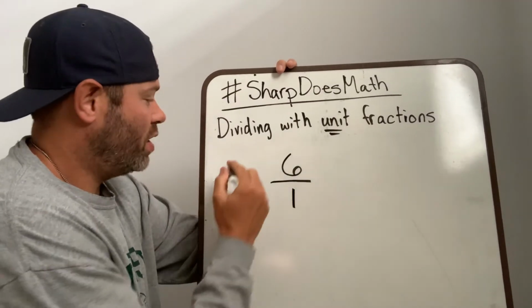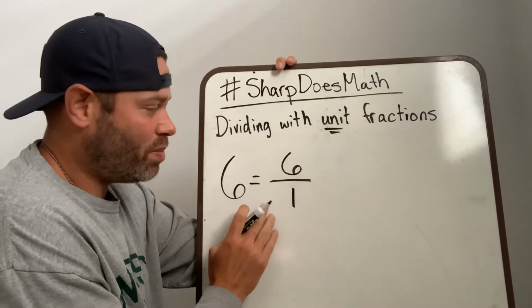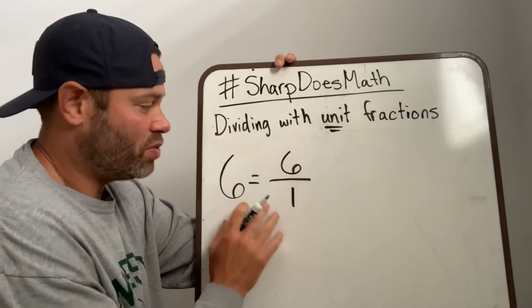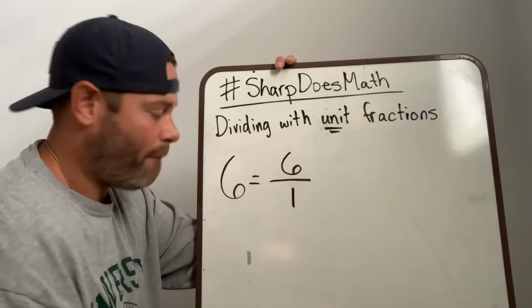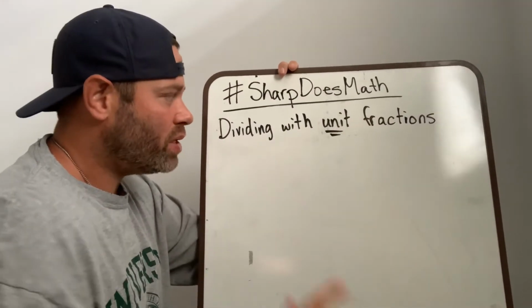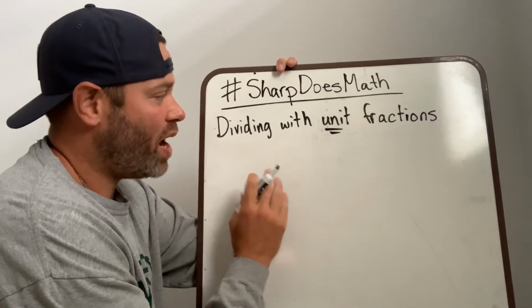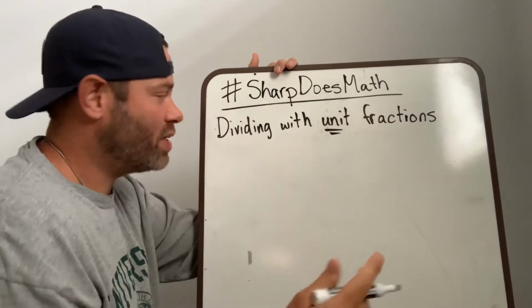So the whole number 6, that's the same thing as the fraction 6 over 1. So it's really important you understand that because we're going to do that to all the whole numbers we use today.